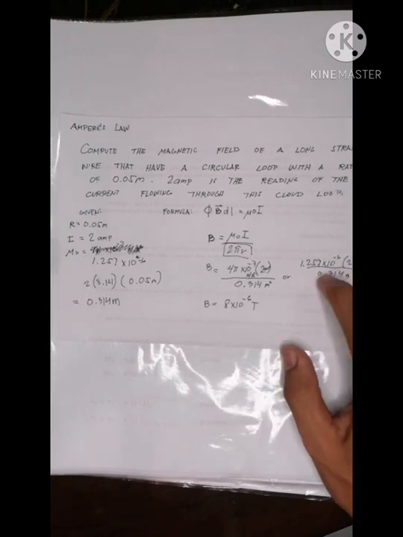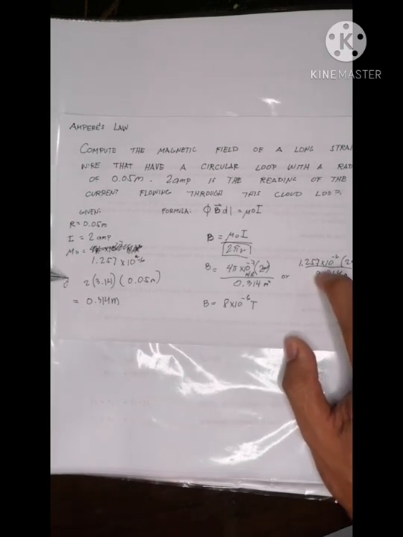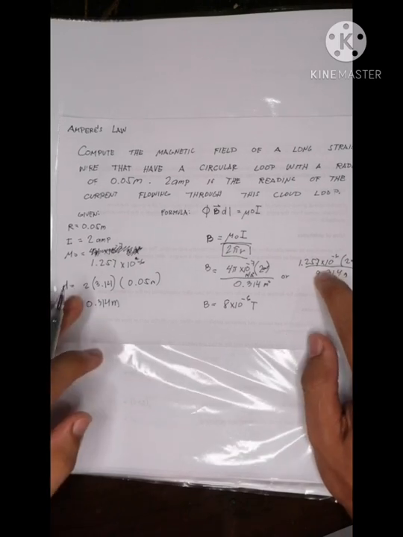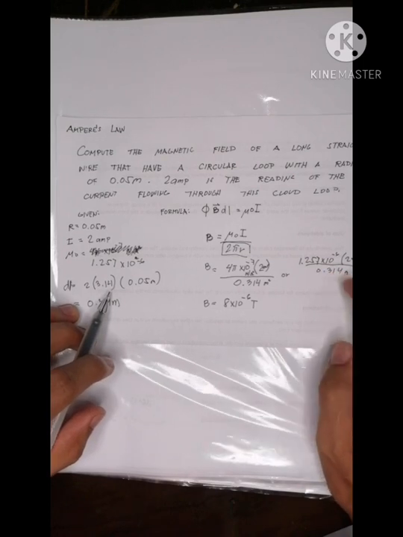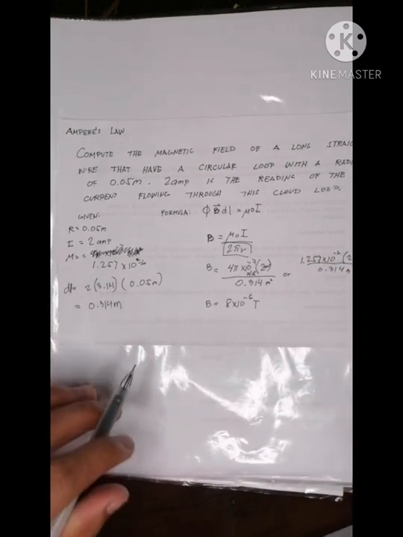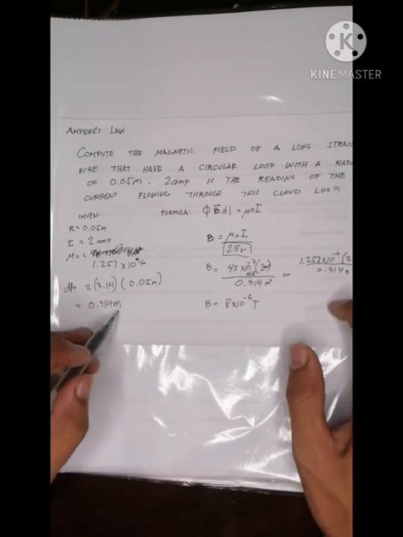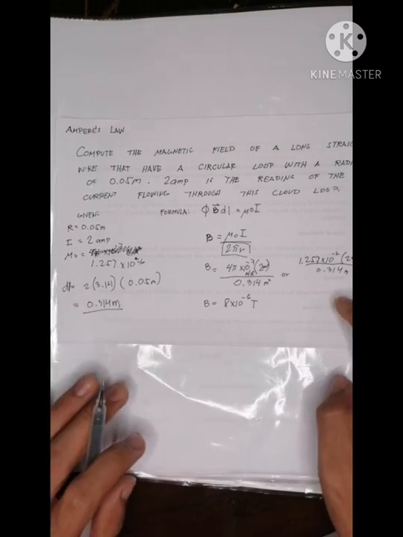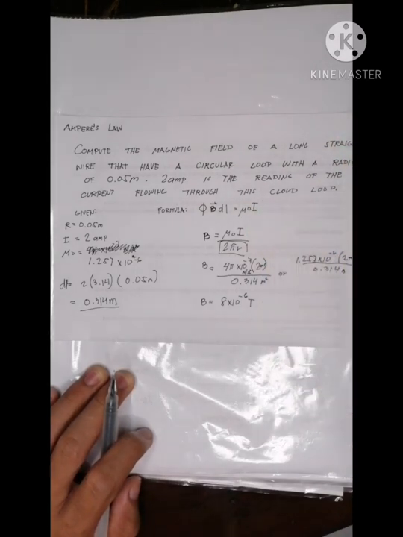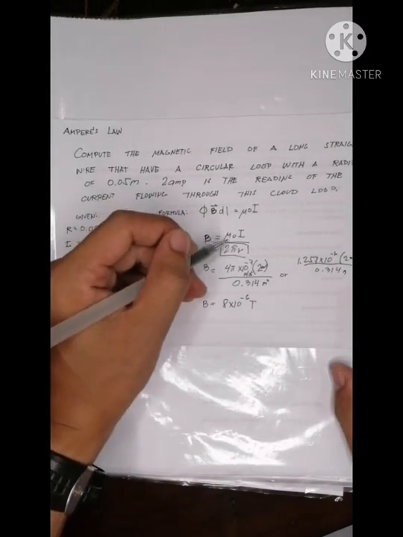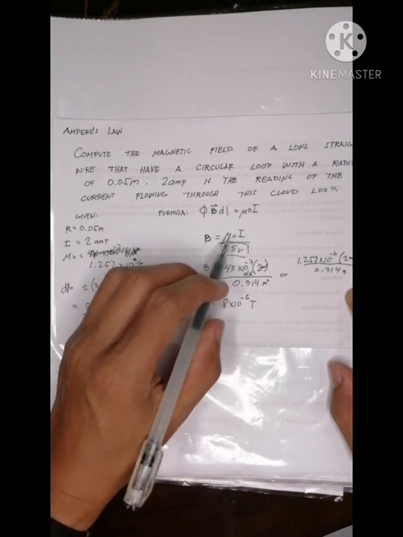So now to get the circumference, it would be 2 times 3.14 times our radius of 0.05 meter. We get an answer of 0.314 meter. To get the magnetic field, we substitute the given values.